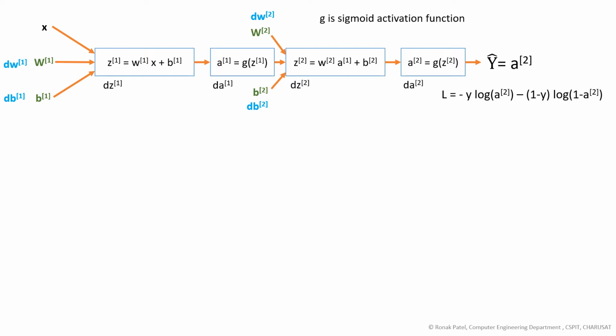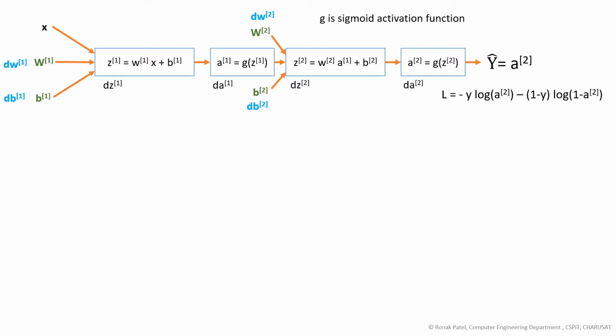So ultimately, we want to find out dA2, dZ2, dW2, dW1, and dB1, right? In the previous video, we saw the gradient descent update.